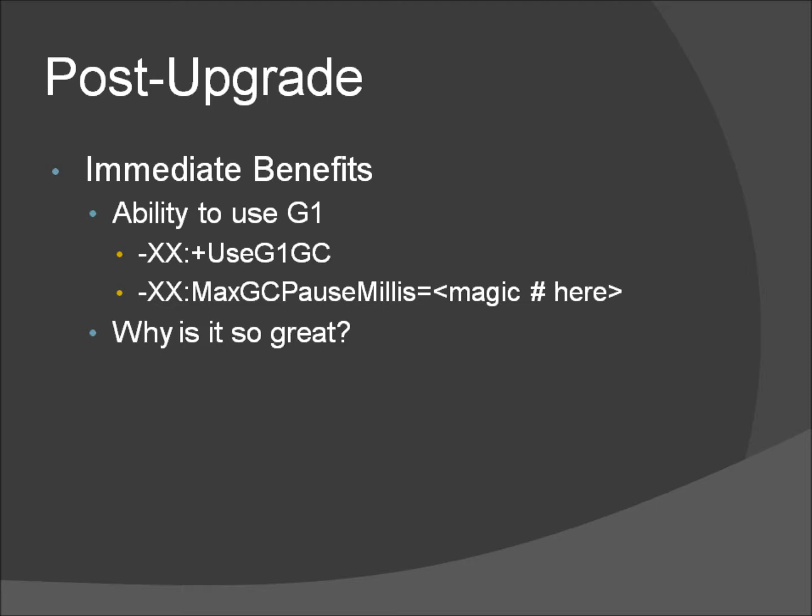The great thing about it is that the G1GC is a generational collector that allows you to say, hey, I just want you to not pause longer than a magic number here, and then the garbage collector will figure out what kind of settings it needs to honor that for you.